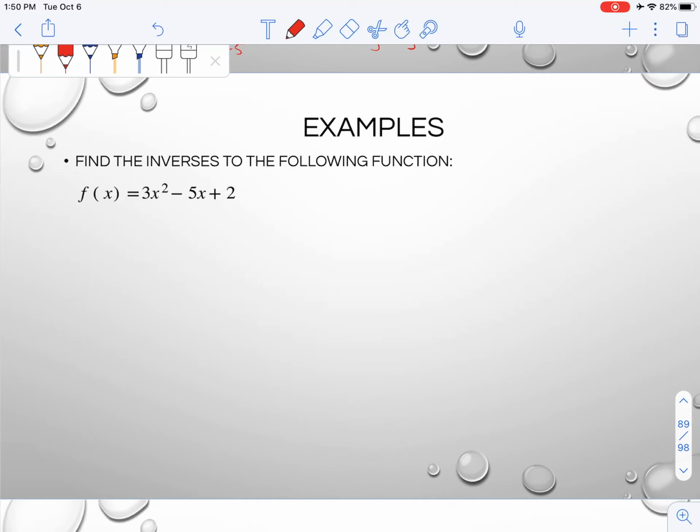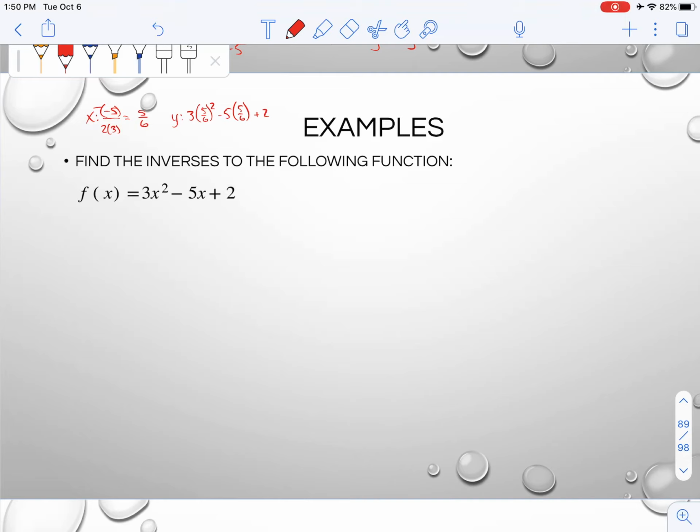My vertex formula, the x-coordinate, is going to be the opposite of b over 2a, or we're going to have positive 5/6. When I evaluate and find my y value here, I'm going to have 3 times 5/6 squared, minus 5 times 5/6, plus 2.